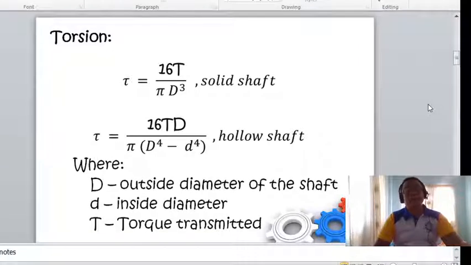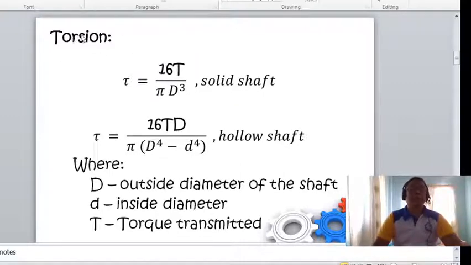This formula is derived from the basic equation for torsion, which is Tc over J: torque multiplied by the distance from the neutral axis to the outermost fiber, divided by the polar moment of inertia J. Substituting the values, we derive the equation tau equals 16T over pi d cubed. Therefore, the stress of the material is in terms only of the torque and the diameter.